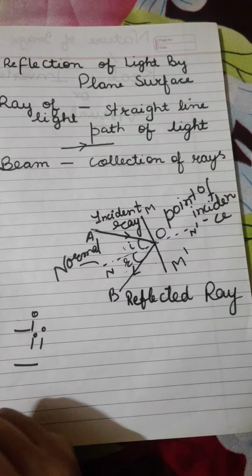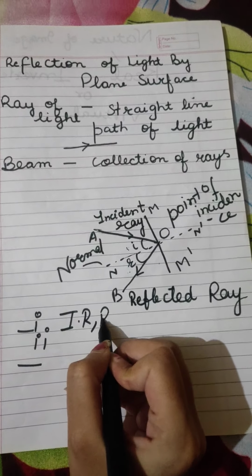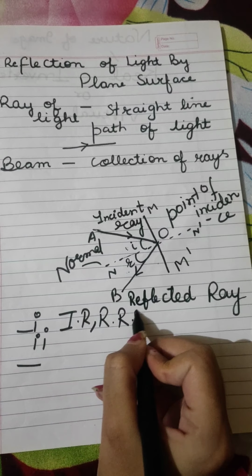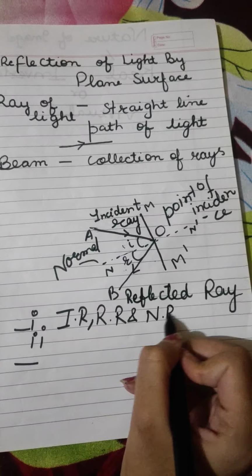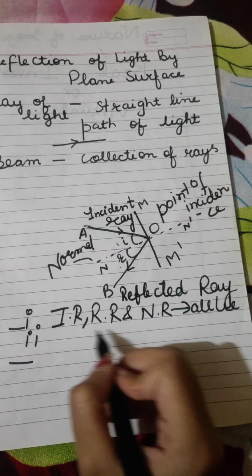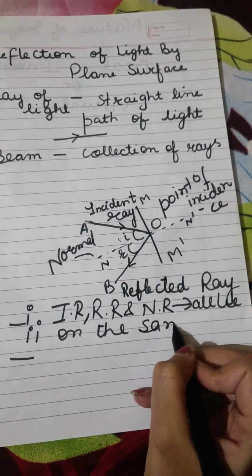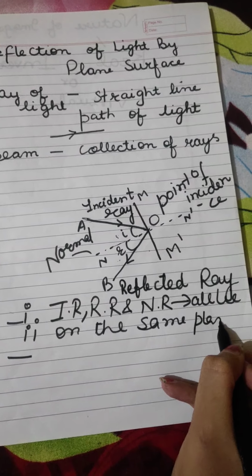The first point is that my incident ray, my reflected ray, and my normal ray, all of them lie on the same plane.